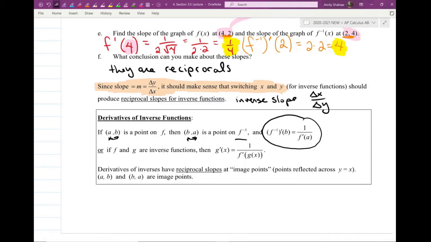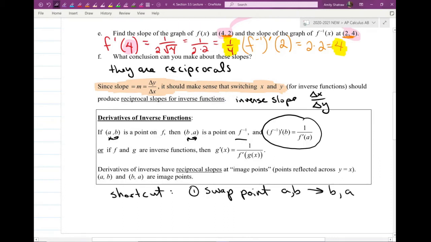If you can't, then you just have to remember the steps. So the shortcut is to flip the point and then find the reciprocal.